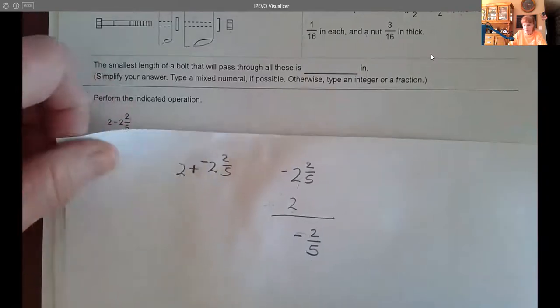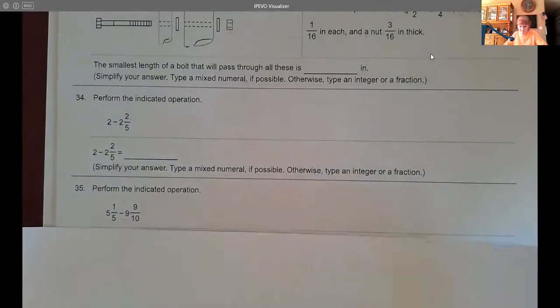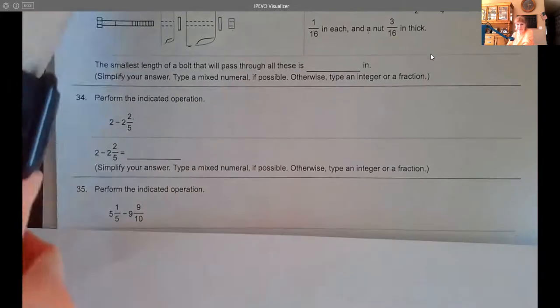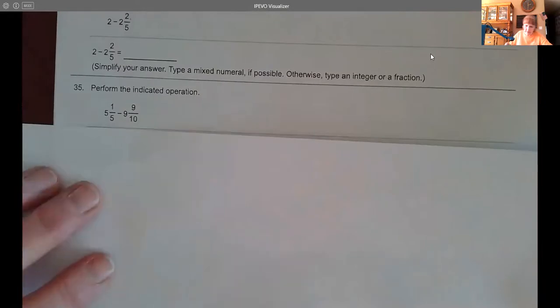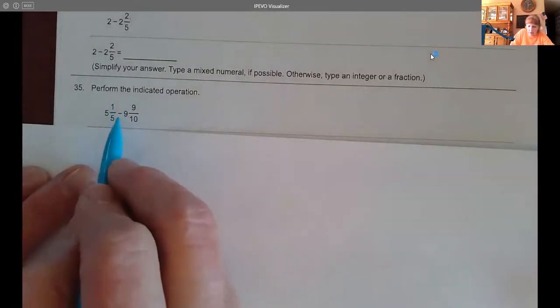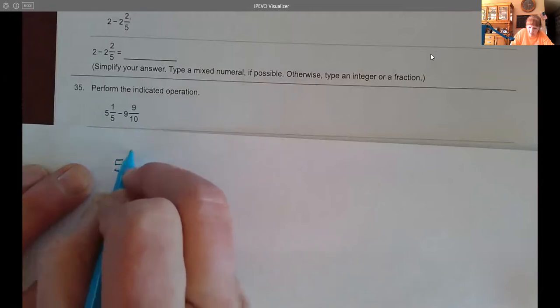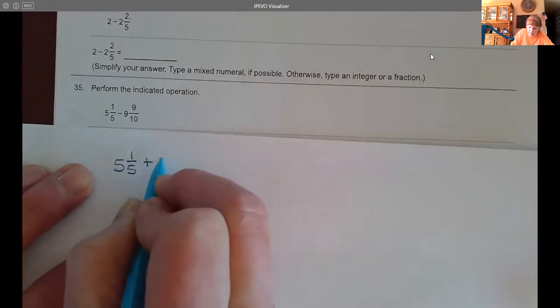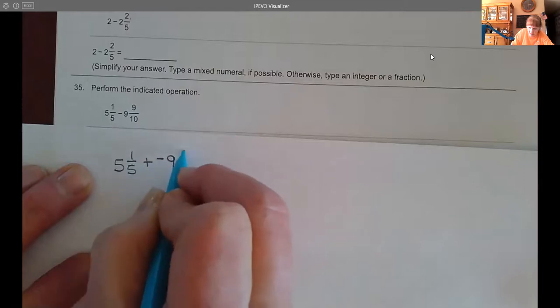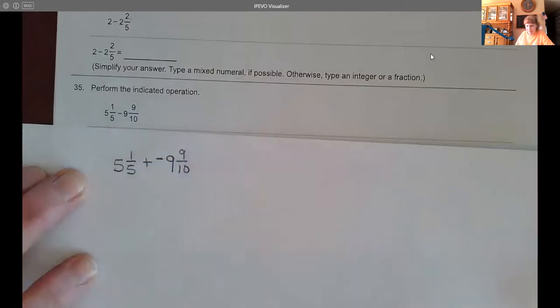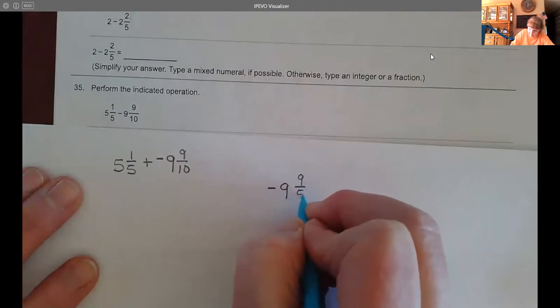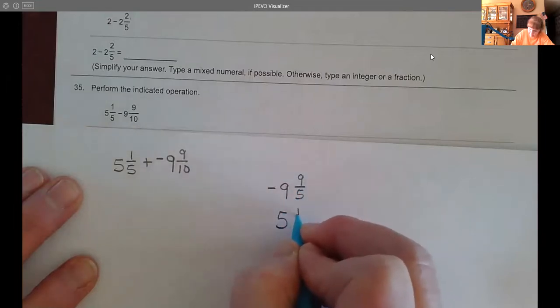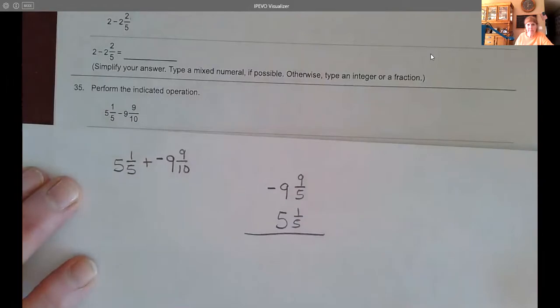All right, so let's try another one of those. Let's try 35. Okay, 35. Here I know that this is going to be 5 1/5 plus a negative 9 9/10. 9 is larger, so I know that I have more negatives than I do positives.